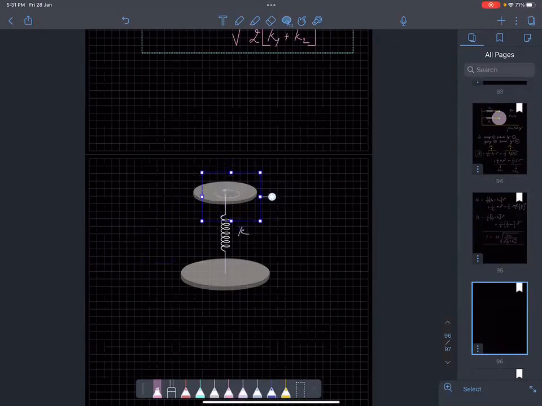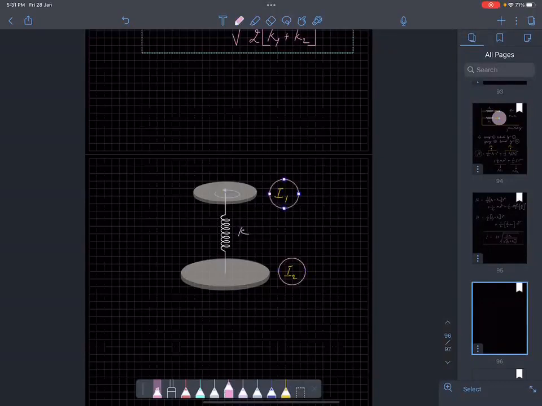And this big thing is on a frictionless surface. I'll write this as I1, the moment of inertia about the axis of rotation about which the spring is also twisting. This is I2.